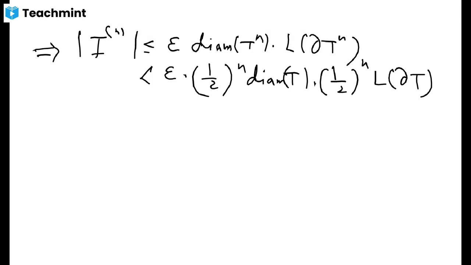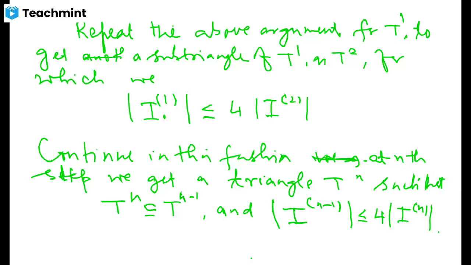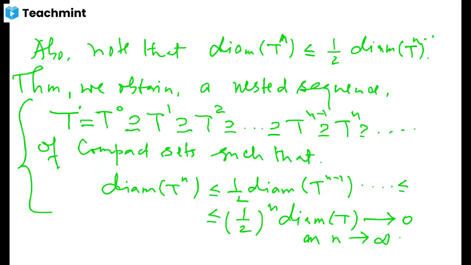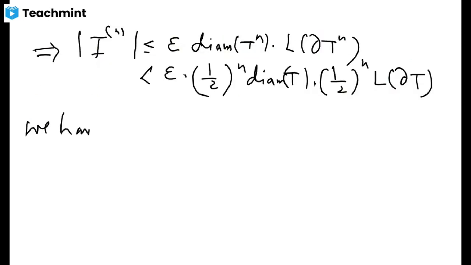Now, let us get back to this inequality. We require this now. If you look at this inequality, we have that the modulus of I at n minus 1 is less than or equal to 4 times this one.